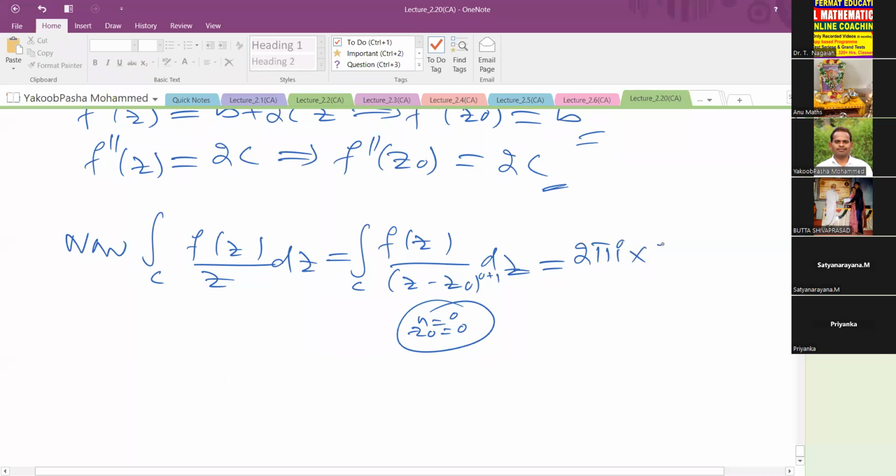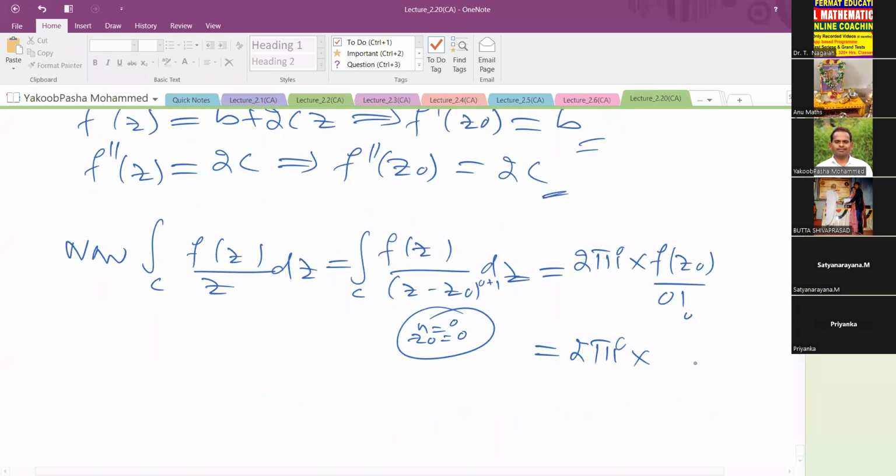N equal to 0 means no derivative. f of Z naught divided by 0 factorial. That is equal to 2 pi I into f of Z naught, whose value is A. 0 factorial is 1.